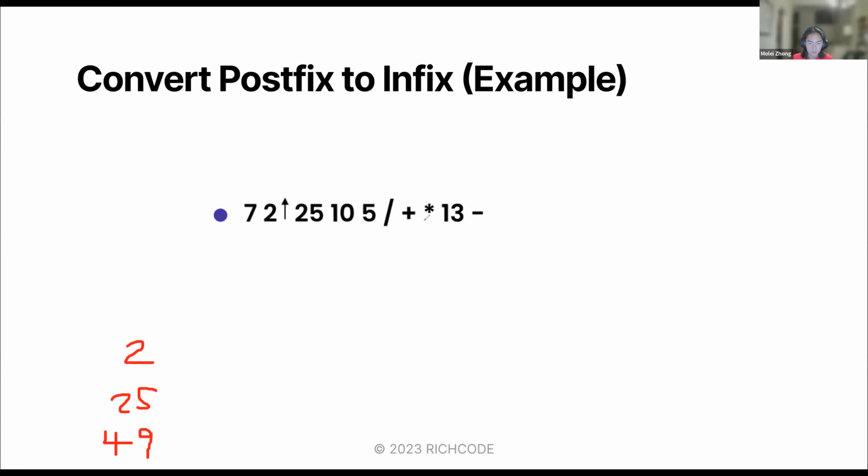Right? Okay, and then we get a plus, and we take out the 2 and the 25. So 25 plus 2 is 27. We get a multiplication, so 27 times 49. Sorry, I'll have to take out my calculator for this. 27 times 49 is equal to 1,323, right?